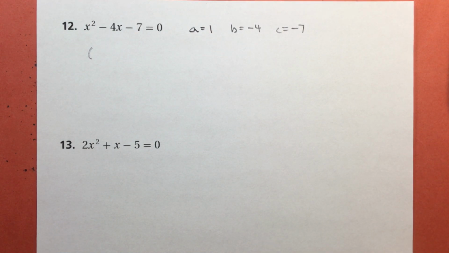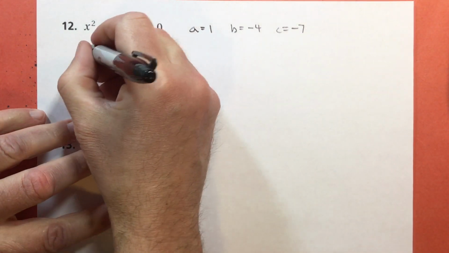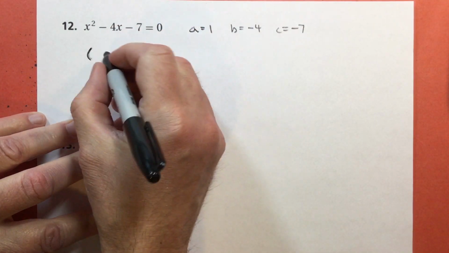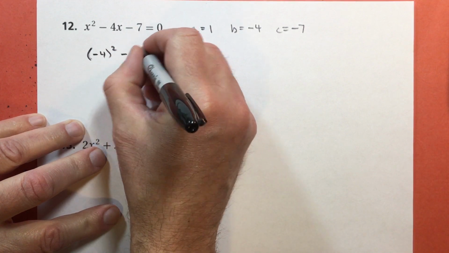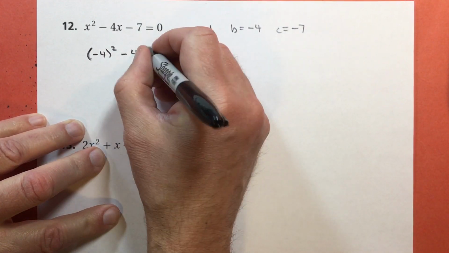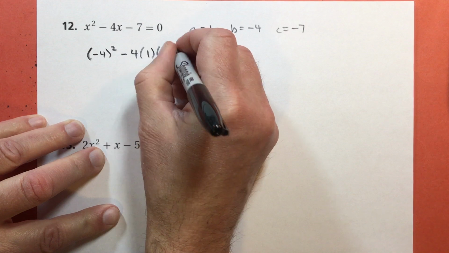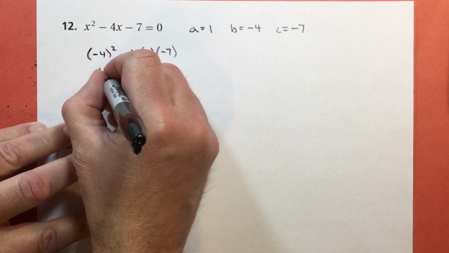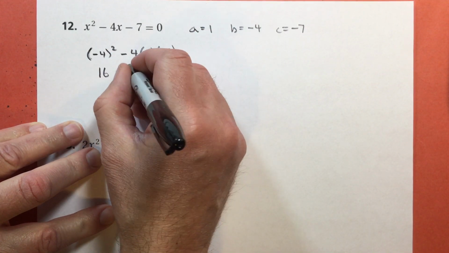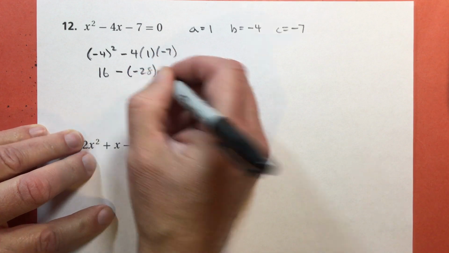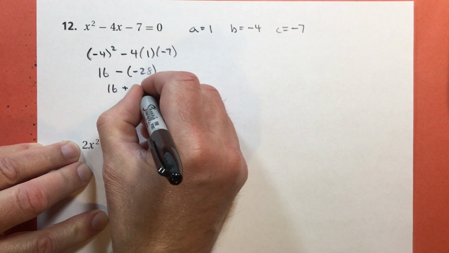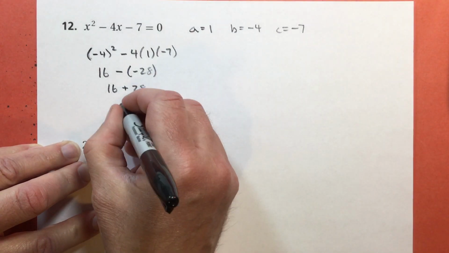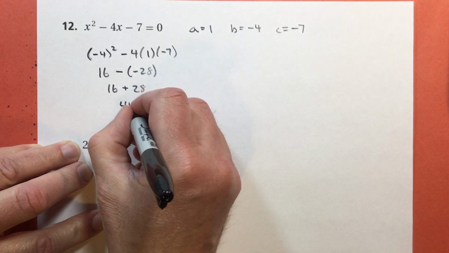So I get -4 squared, subtract 4 times 1 times -7. This is 16, subtract -28, which becomes 16 plus 28, and I believe I get 44.